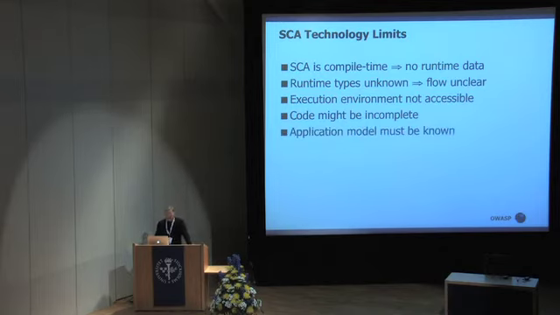And then this is the point I pointed out in the beginning: the application model must be known. So if you're looking at the source code, you need to be aware of where the source code actually fits into the whole process, from the user sending a request to your server and you sending something back to the user. If there are any parts that you don't know about, there's a big chance you're actually missing out on a large portion of the logic or the functionality that's actually going on.